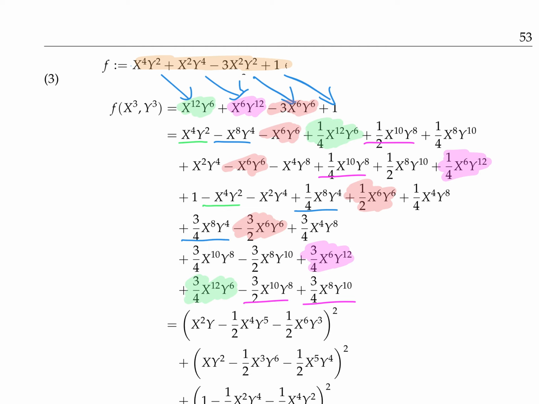And then I have here 1/4 x to the 8, y to the 10. Here I have 1/2. And that gives 3/4. x to the 8, y to the 10.